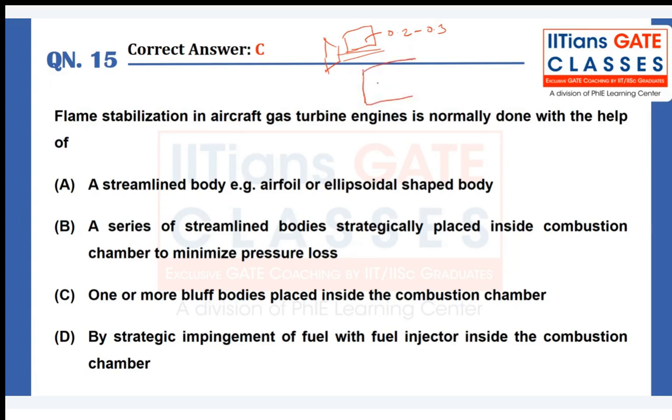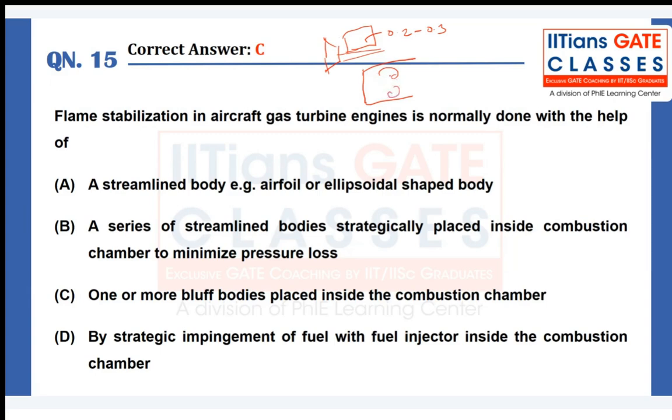Flame stabilization is nothing but, I mean, the velocity of the gases should be minimal, so that a proper flame will be achieved in the combustion chamber. In order to do so, there are a few mechanisms used which will create vortices.